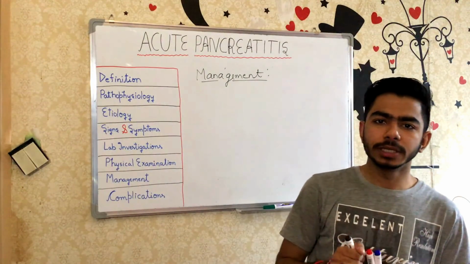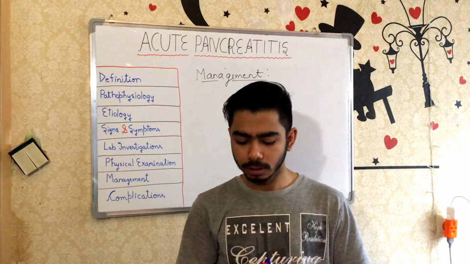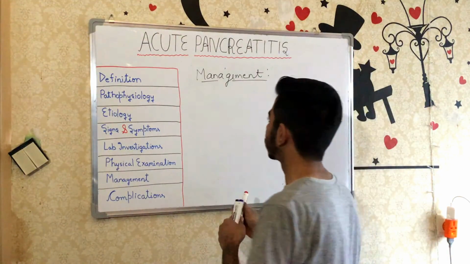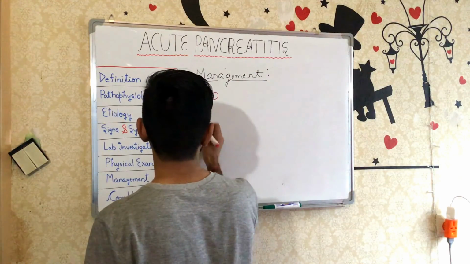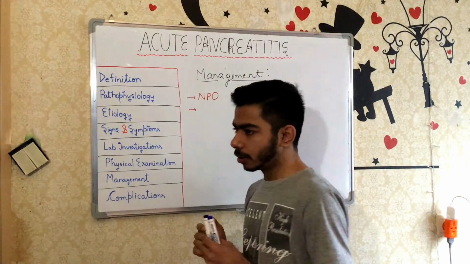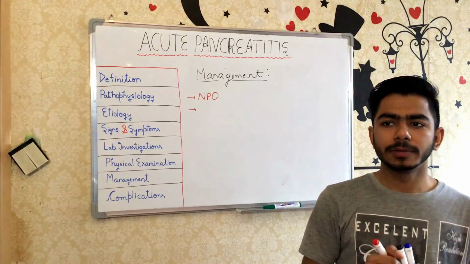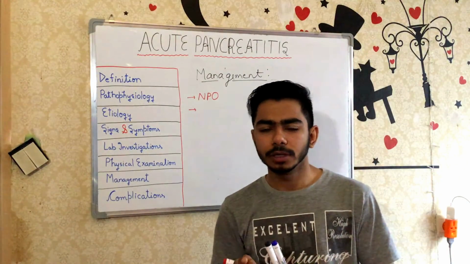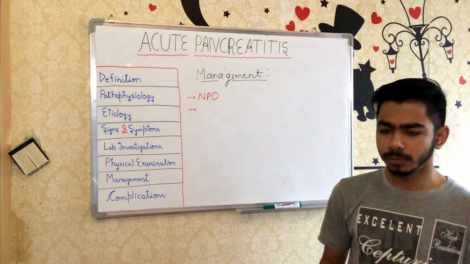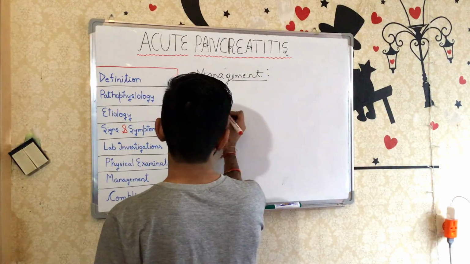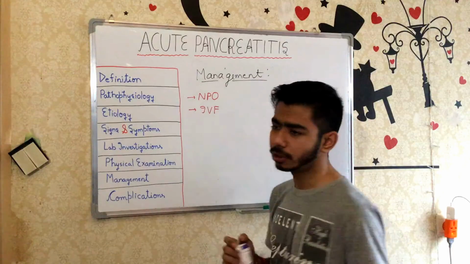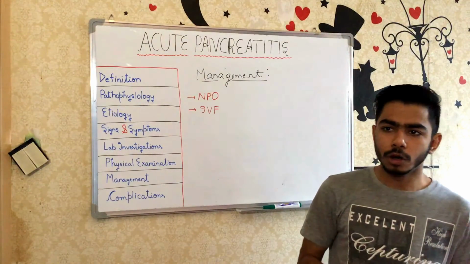Actually, they should not eat anything through the mouth. They should be kept nil per os, NPO. And for maintaining the proper electrolyte balance in our body, they should be given intravenous fluids, IVF, or cannulation.